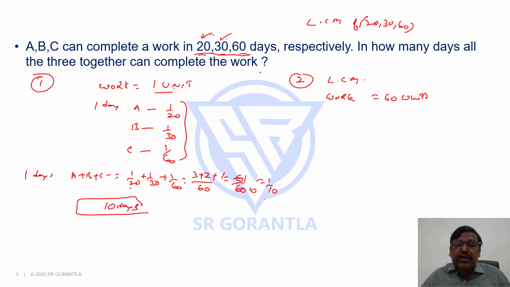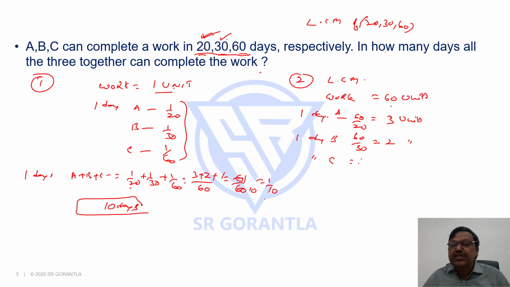Now, A can complete the work in 20 days, means in one day, A will do 60 by 20, that is 3 units of work. In one day, B will do 60 by 30, 2 units of work. And in one day, C will do 60 by 60, 1 unit of work.